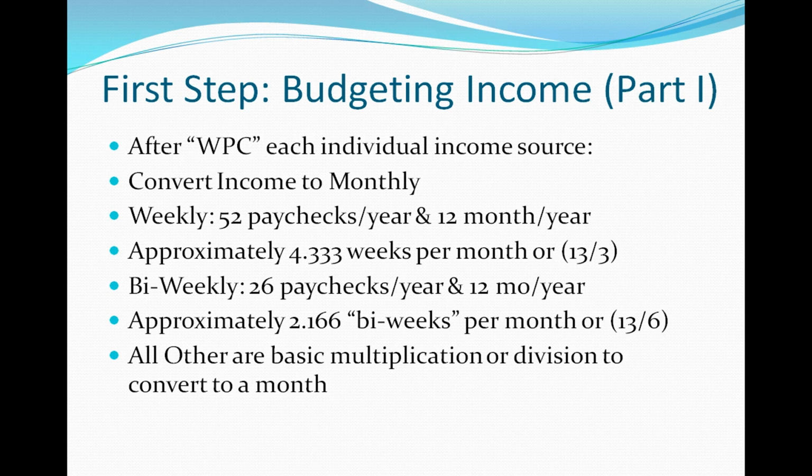Once we figure out our practical case income for each individual source, we're going to convert it into months. In most cases, this is not going to be all that difficult. If you get paid weekly, that means in the course of a year you're going to get 52 paychecks. Since there are only 12 months in a year, you take 52 and divide it by 12.